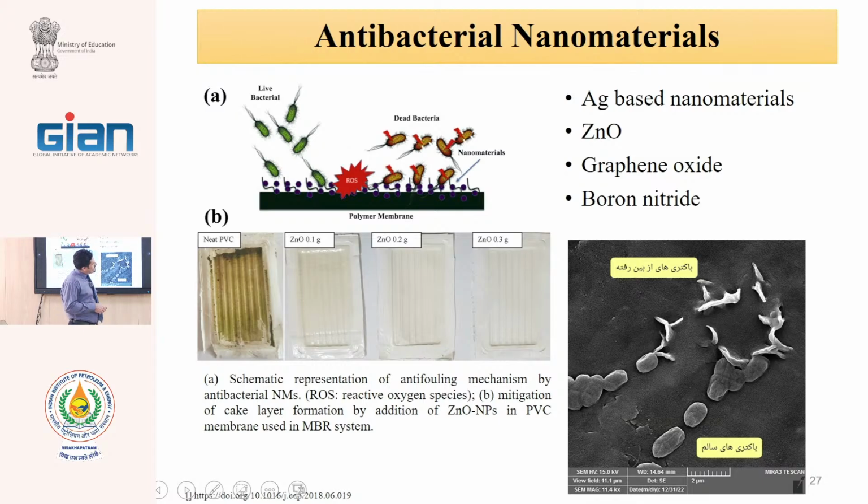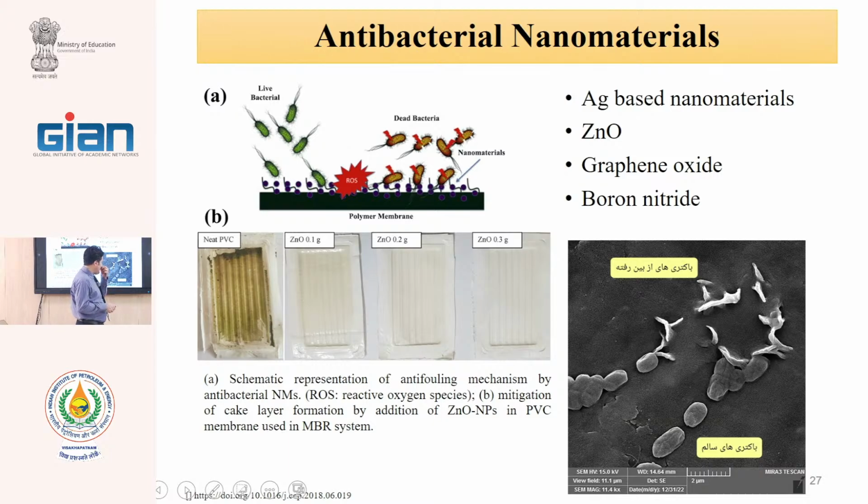And when we have an antibacterial agent, we see this is the live bacteria, and this is the destroyed bacteria. When we have an antibacterial agent, the bacteria can be dead, and the cell membrane of the bacteria can be destroyed.